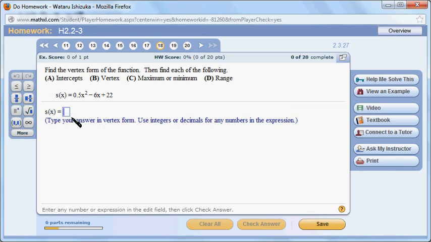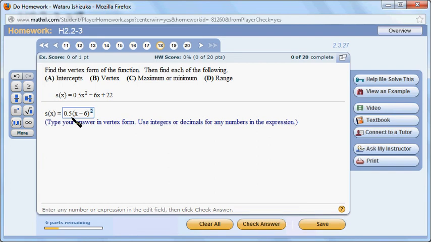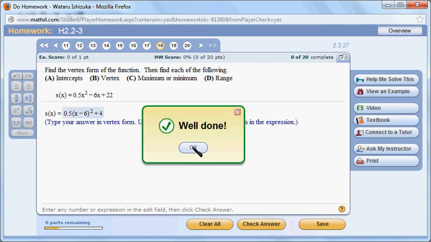It's going to be 0.5 times the quantity x minus 6, squared, plus 4. See if I got it correctly. So check answer. Right, got that correctly.